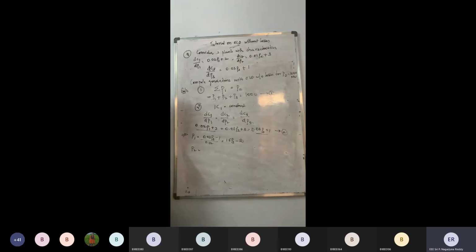Similarly, I employ these 2 equations, and my equation will be so I'll substitute these 2 things in this one. So this is equation number 3, P1 in terms of P3, and equation 4, P2 in terms of P3. Substituting 3 and 4 in equation 1.